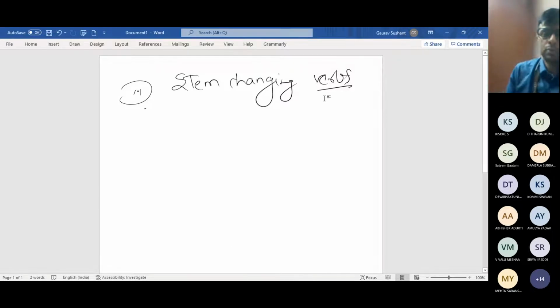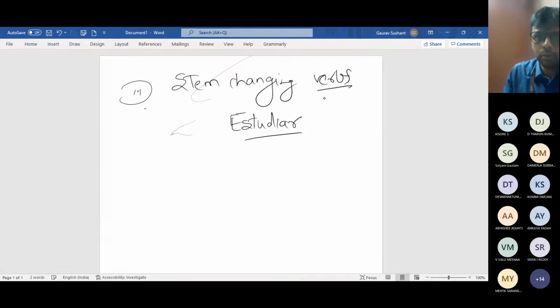So what is a stem changing verb? First of all, you need to know that if you take any verb, let's say estudiar, this is a regular verb. But one of the basic things we have to revise right now is that any original form of the verb has two parts in it.